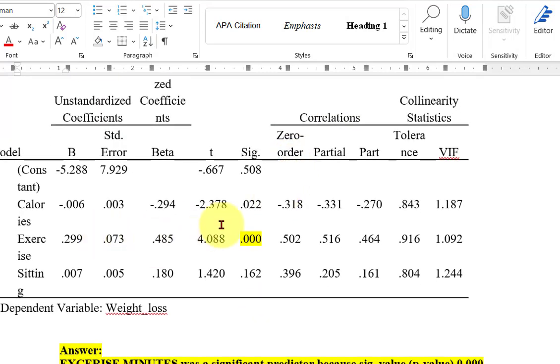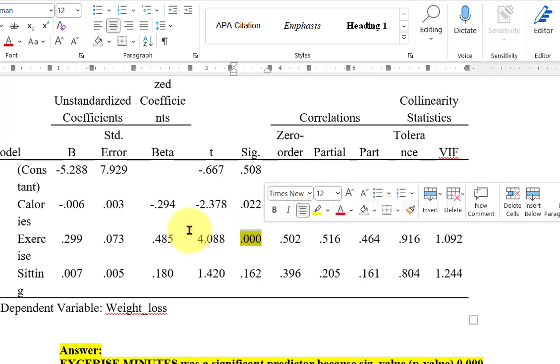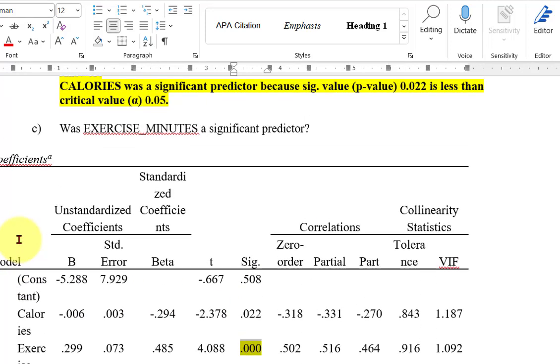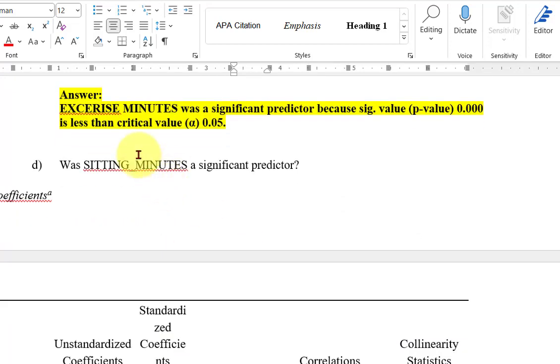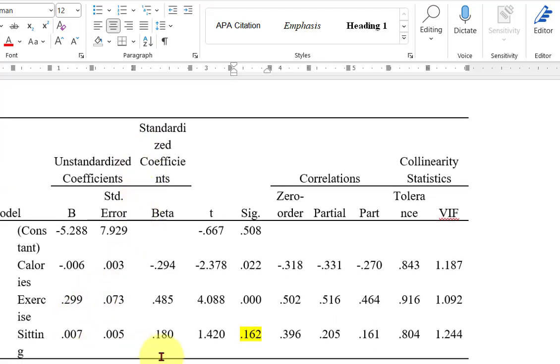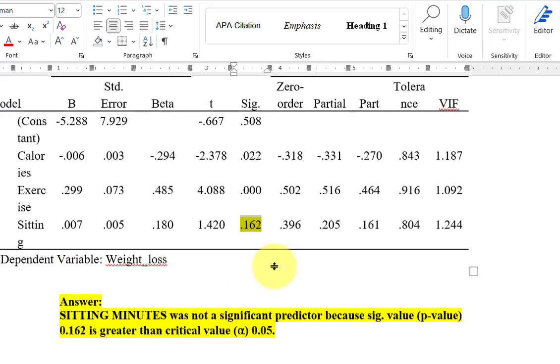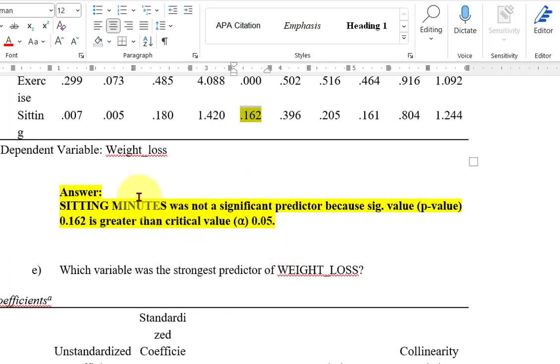It certainly was, right? The sig value of exercise in the coefficients box is significant. Therefore, exercise is significant. Sitting was not, right? There's sitting, it was 0.162. So the two predictors are calories and exercise, and sitting was not.